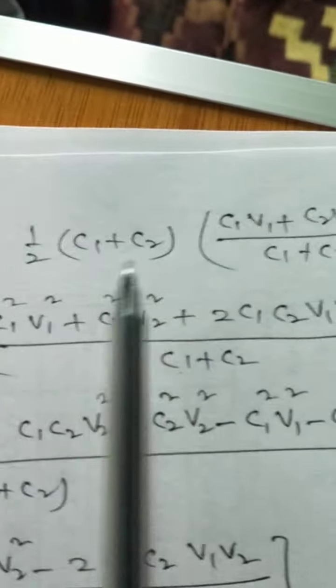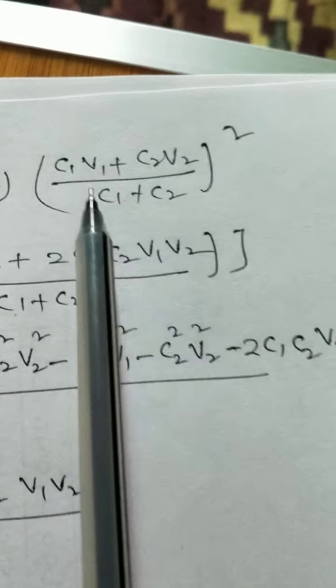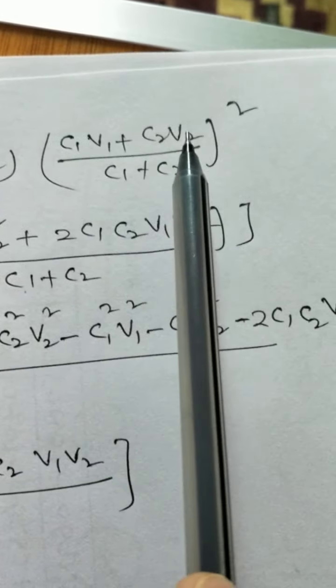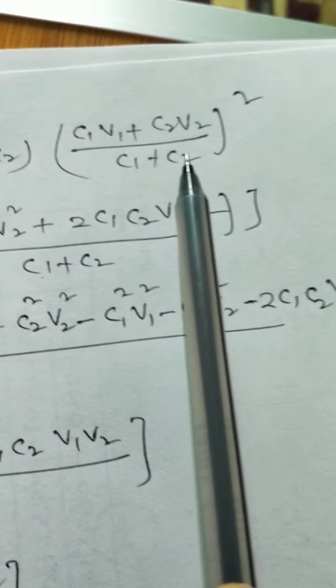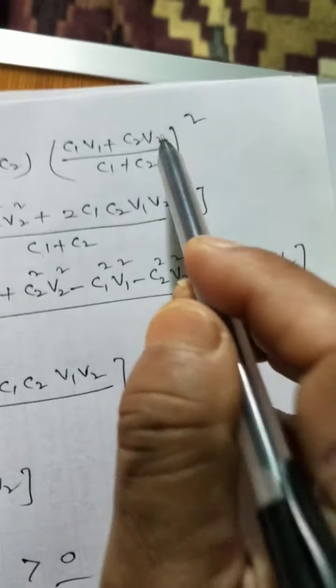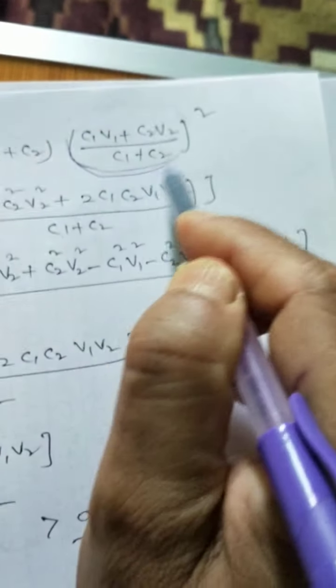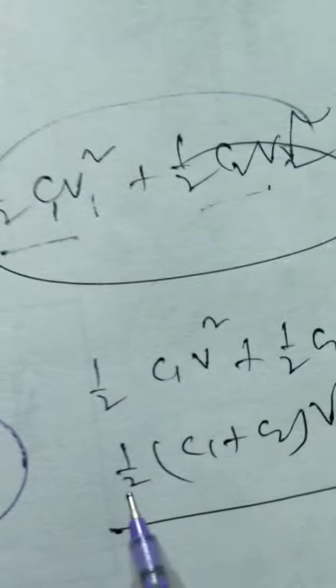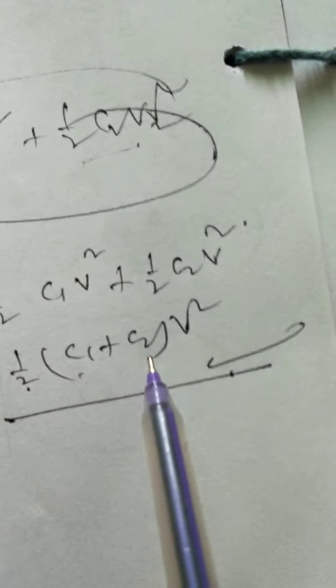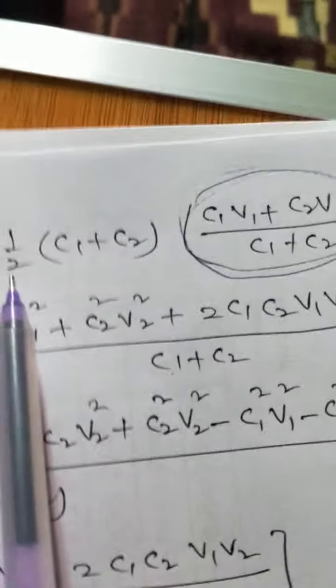Now here I have substituted: this is the first capacitor, this is the second, minus half (C1 plus C2) times ((C1V1 plus C2V2) by (C1 plus C2)) whole square. This is the value of V. So here, half.